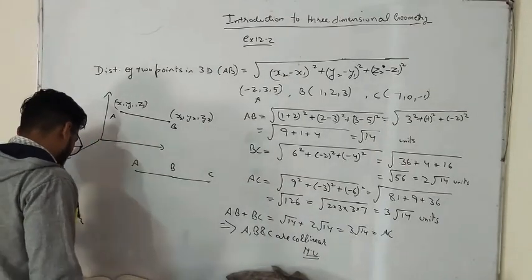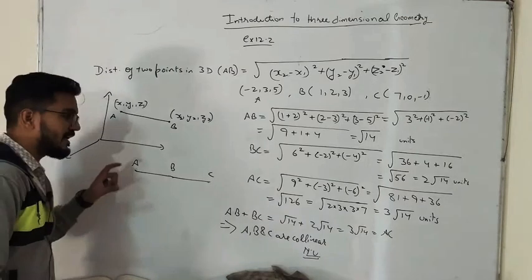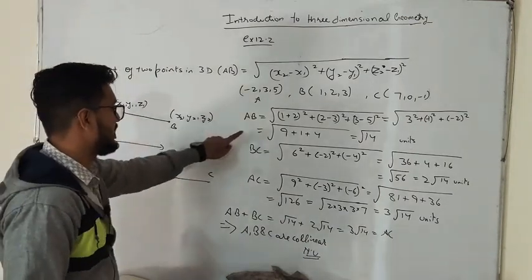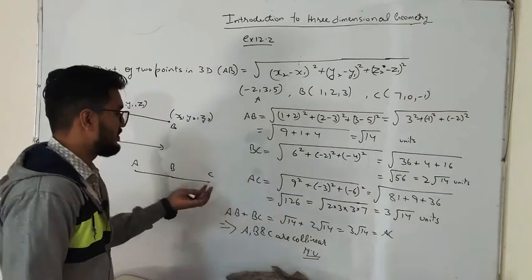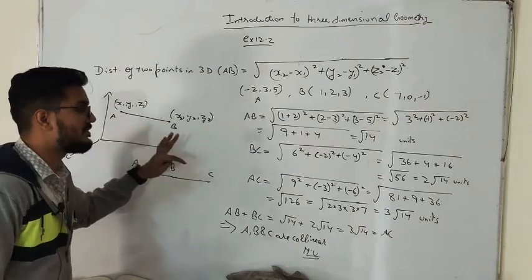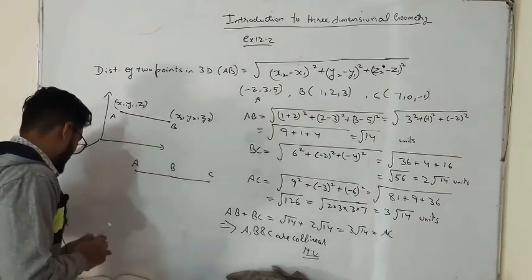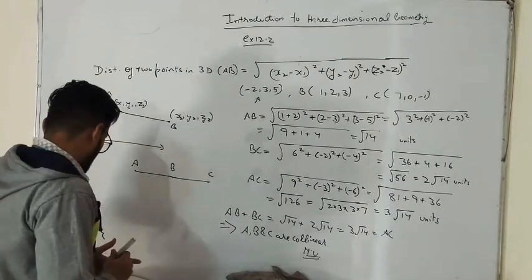Next, verify the following. So what you have to do in this third question, just find out the distance in this way, AB, BC and AC, and whatever relationship comes out, according to that relationship you can decide which shape it is. Like an isosceles triangle will have two sides equal and the third side unequal.